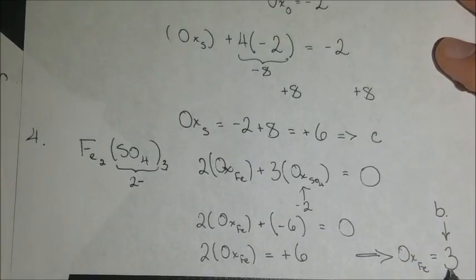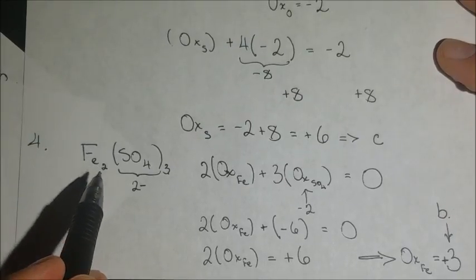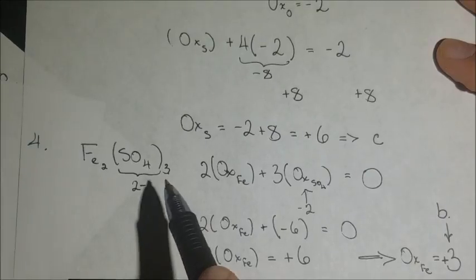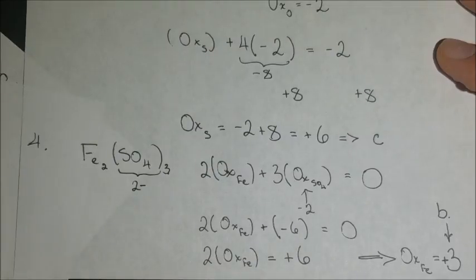B is 3, so the oxidation number on each iron is 3. Let me be specific there, it's +3. So we can just double check and make sure. If we have 2 +3 charges, then the total positive charge is 6. And here, if we have 3 -2 charges, that gives us a total of 6 negative charges.